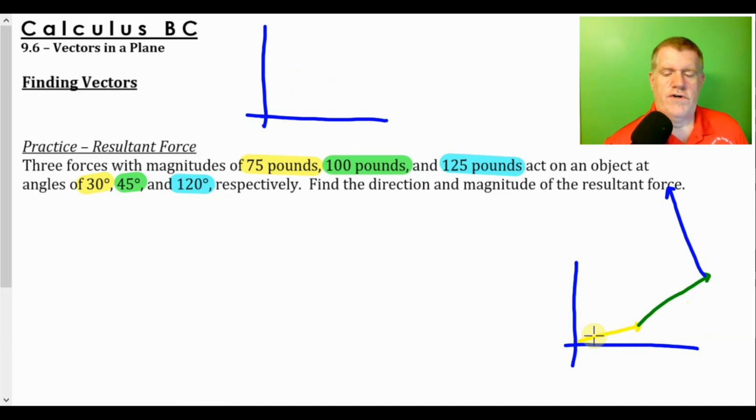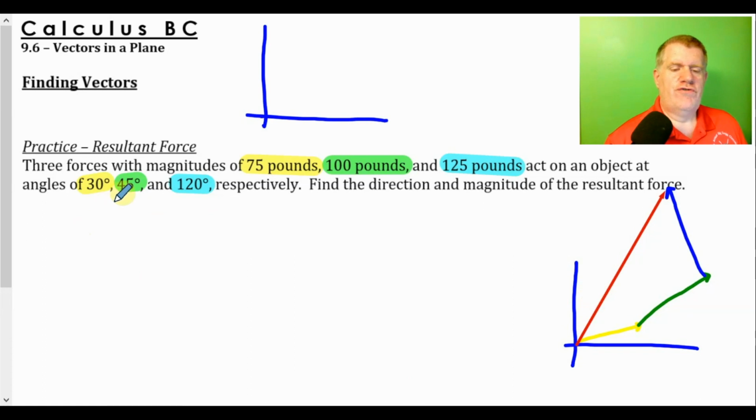So a very, very rough sketch. Our component vector will be here. I got it in the first quadrant, and it looks like the height is longer, so the y value would be bigger than the x value. So just a rough idea. Very rough. However, let's take the roughness out and get right to the problem.